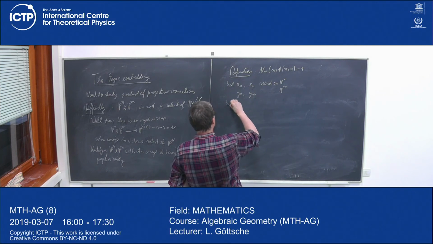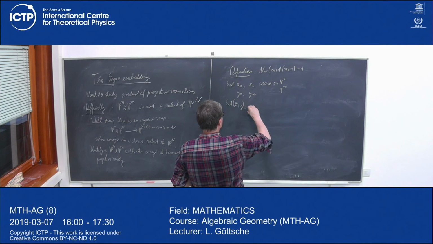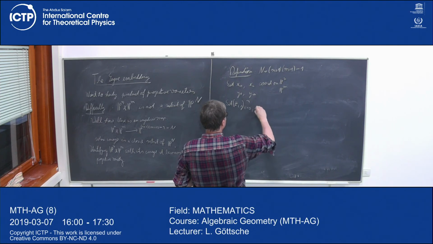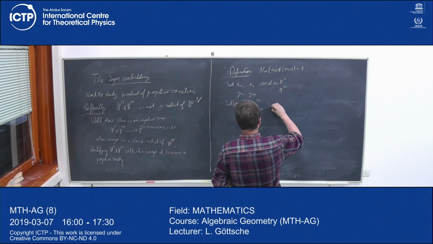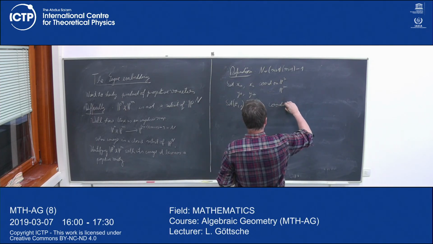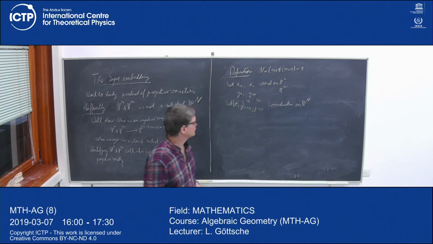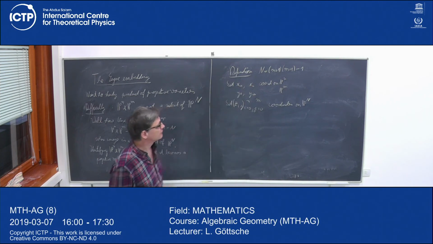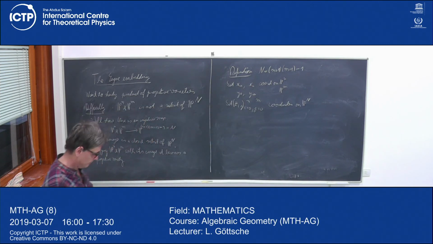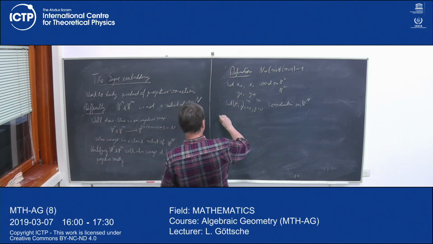So let c_ij, i from 0 to n, j from 0 to m, be the coordinates on PN. These are precisely (n+1) times (m+1) coordinates, as many as you need for this projective space PN, capital N. Now define the map.